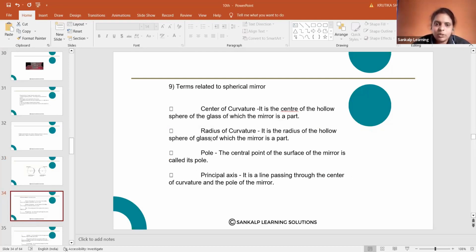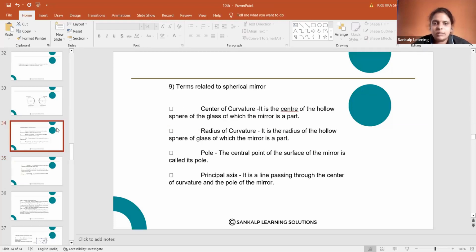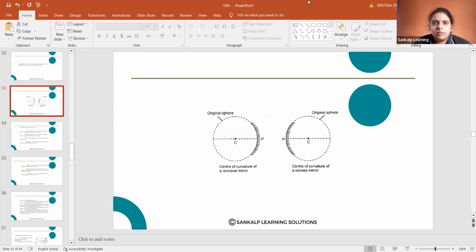Center of curvature, radius of curvature, pole, principal axis, aperture, then the principal focus, then the focal length. 3 plus 4, so 7 terms in total. Let us see one by one.